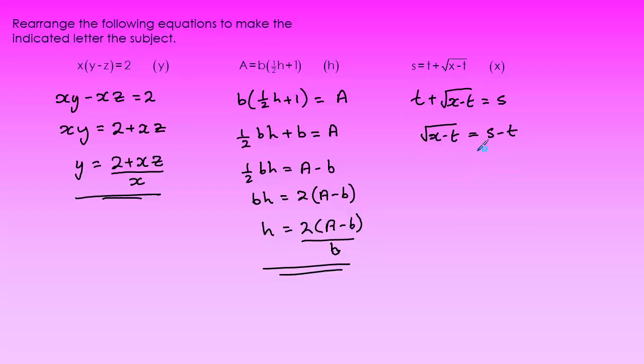To get rid of the square root, I need to square. So squaring both sides, x minus t is s minus t all squared. And then we can bring this t over, and we get s minus t all squared add t.